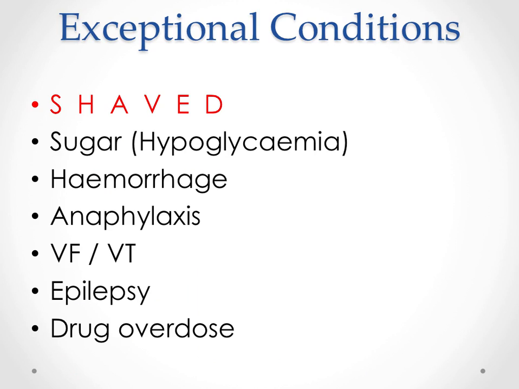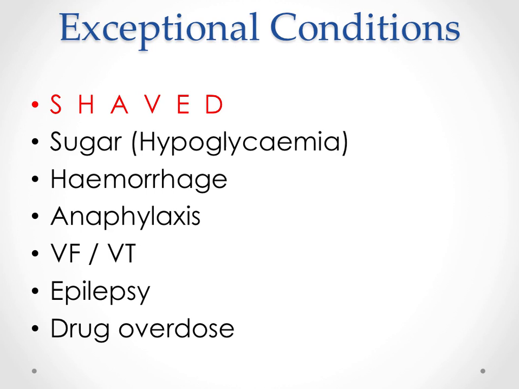Now, it's important to note that whilst you're managing your ABCD in an ordered and timely fashion, there are a number of conditions that you need to consider as a priority for your management. And the mnemonic we have for you here is SHAVED.